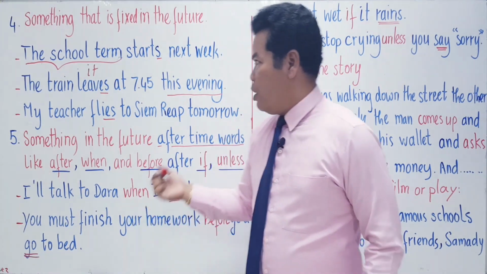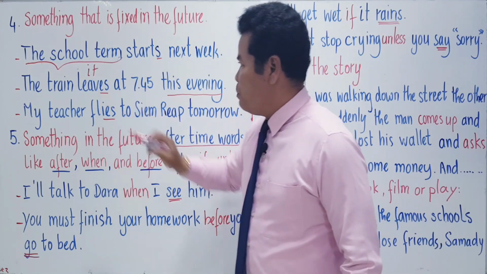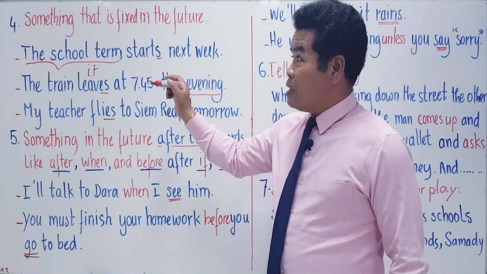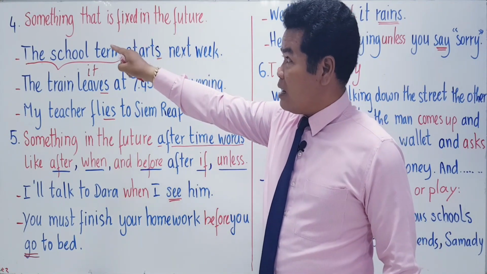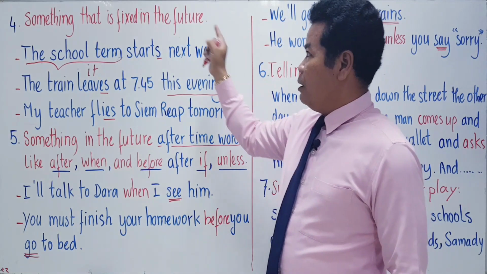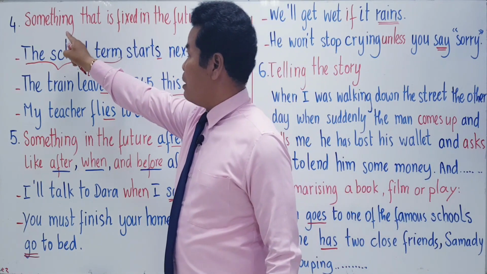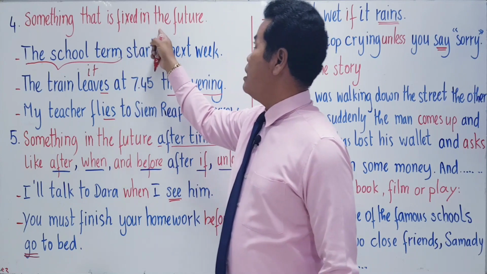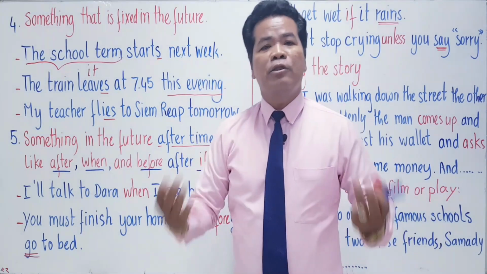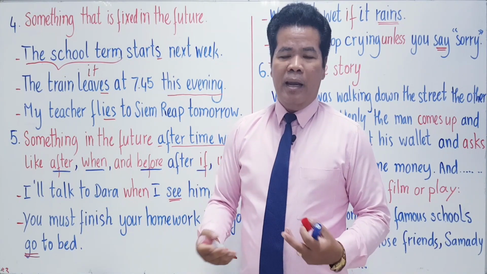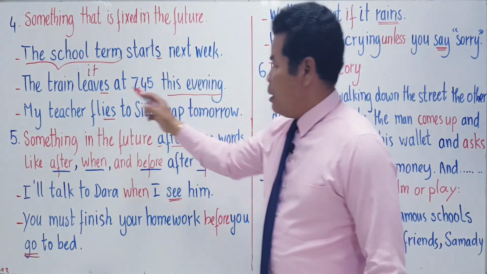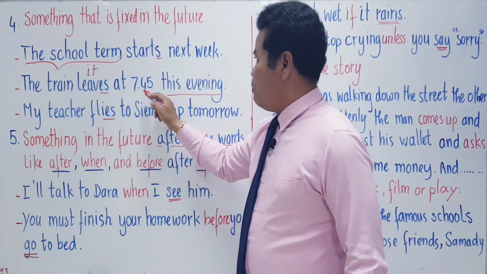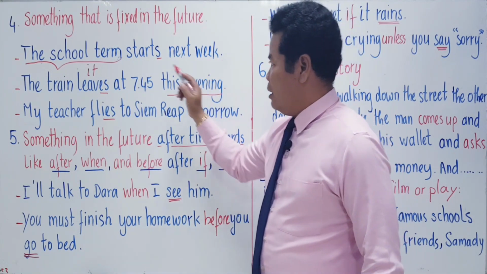So why do we use present simple here? Because use number 4 says present simple can be used to talk about something that is fixed in the future, like a schedule. Okay? So, the train leaves at 7:45 this evening.